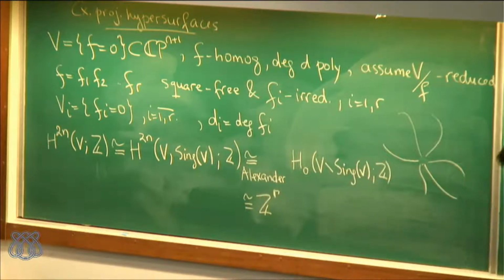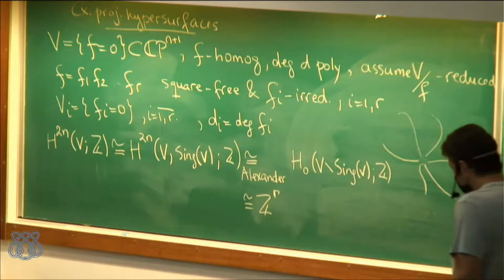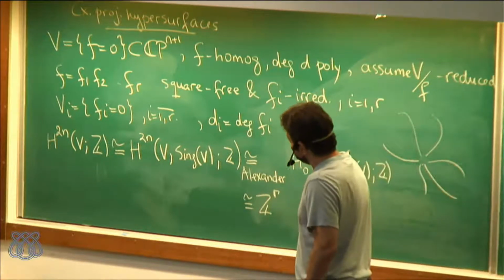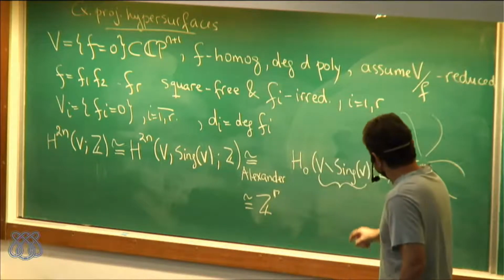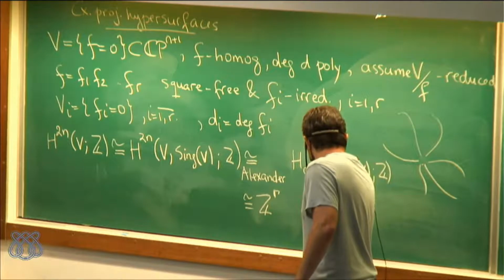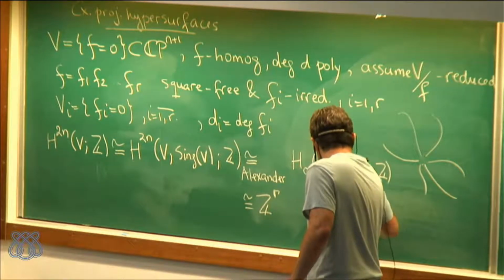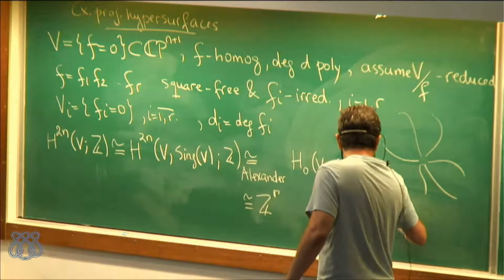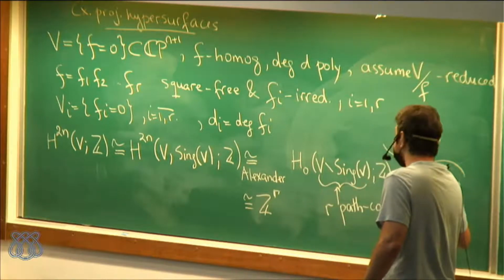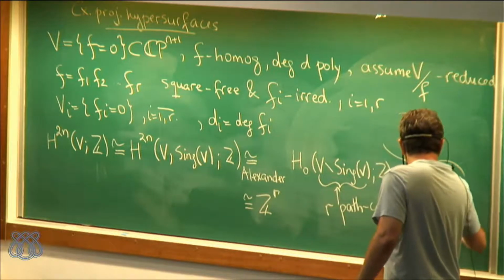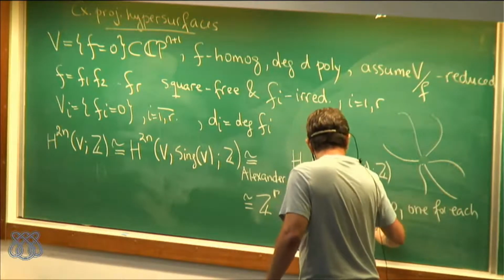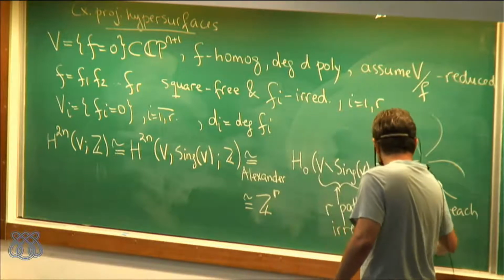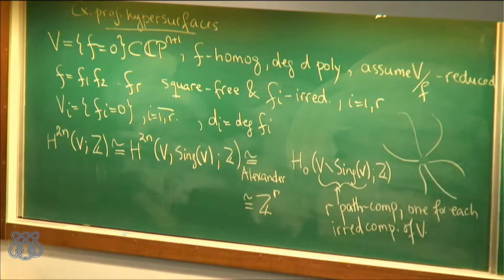So the top cohomology is just Z to the number of irreducible components. This we saw already on the slides, but I did not explain this. So I should say that, again, the complement has R path components, one for each irreducible component of V. All right, so this is an easy calculation.